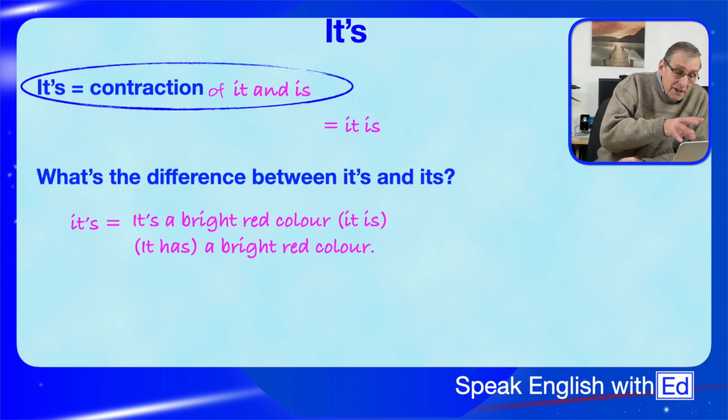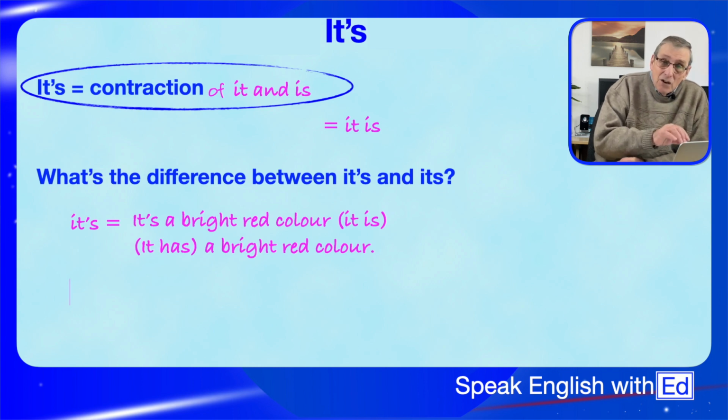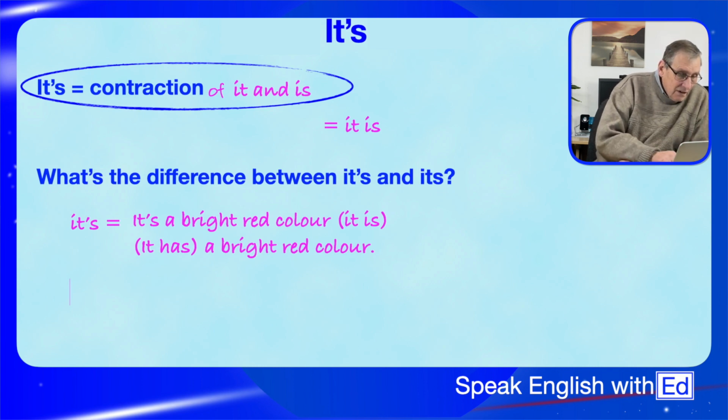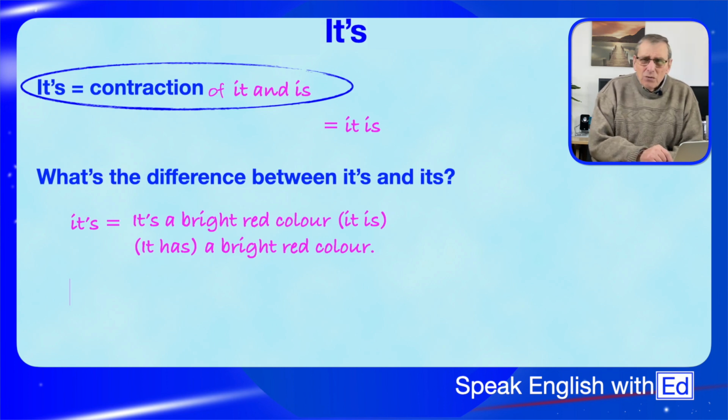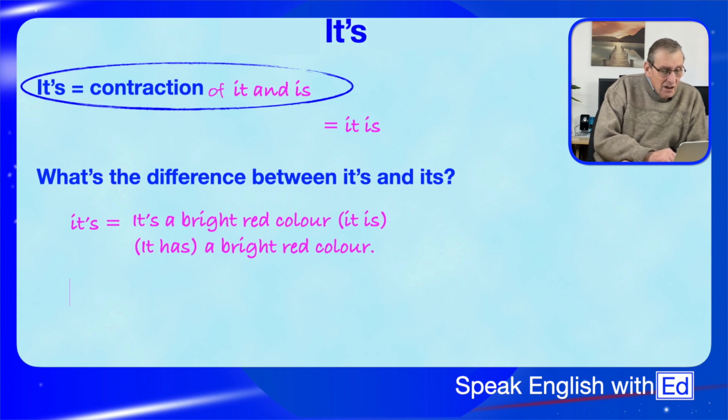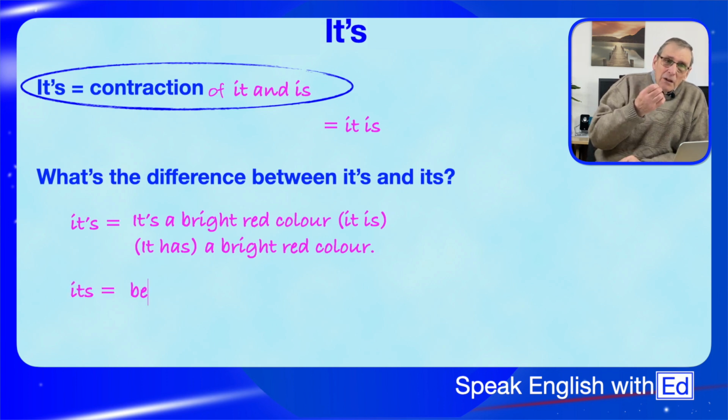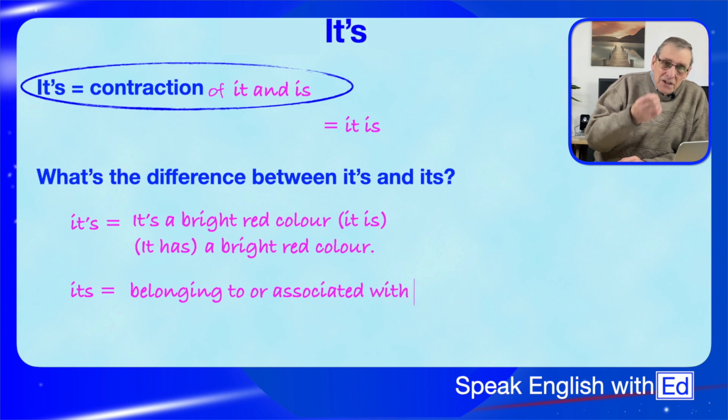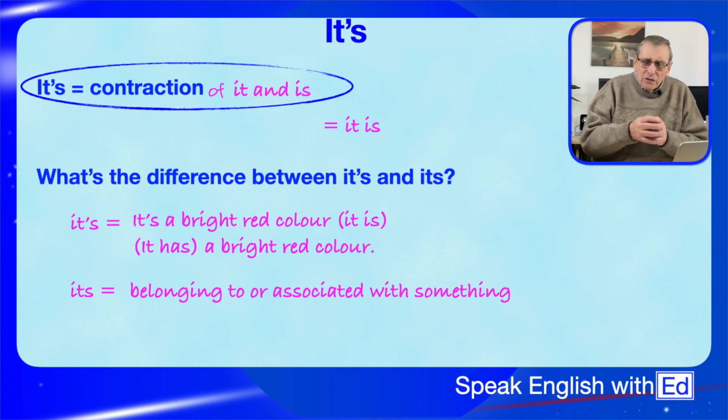But you can't replace "it is" or "it has" with "its", right? So "its" without an apostrophe. Do you know what that means? Well, when we say it like this, it's what we call a possessive determiner. It means belonging to.